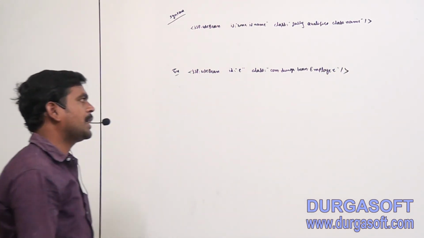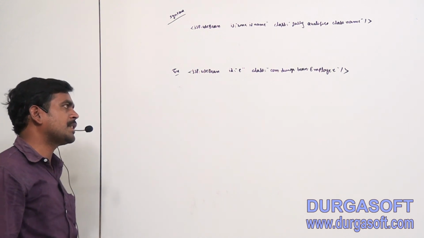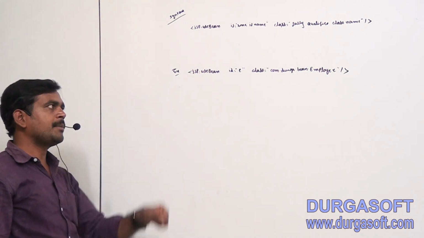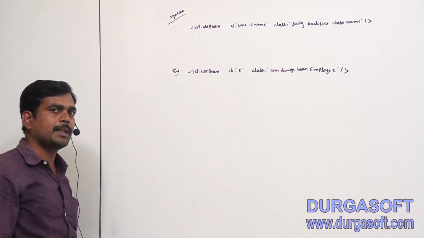Like that we can take. Whenever the JSP engine encounters this line, the Employee object is automatically created.